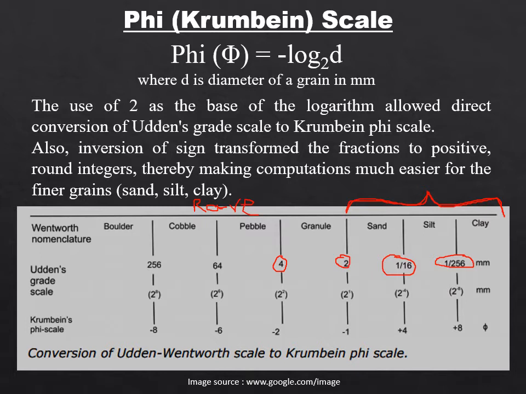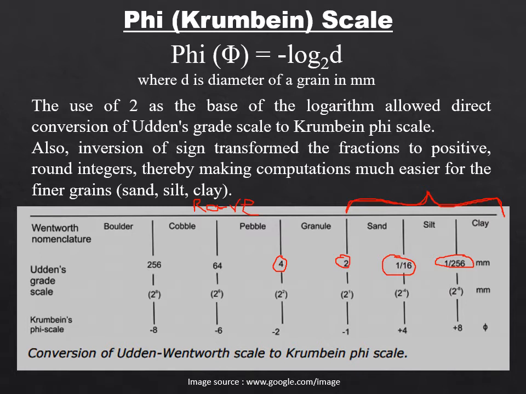Now if you have to deal with n numbers of grains, that n may be hundreds of grains, thousands of grains or lakhs of grains, then the mathematical calculation using these fractional values becomes difficult and requires a lot of time.